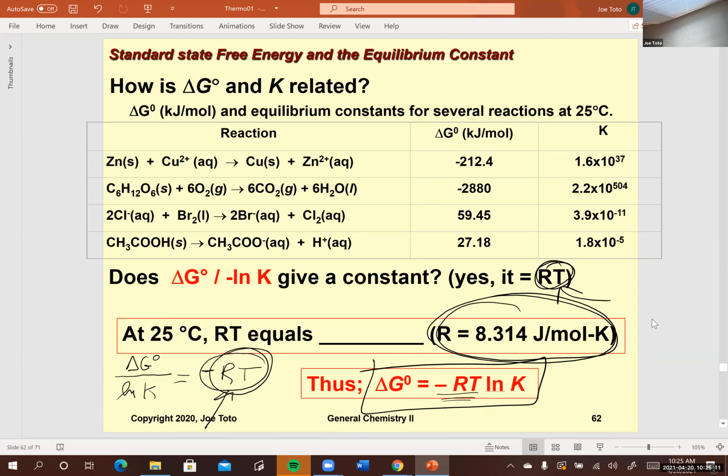And so that becomes the proportionality constant that makes this equation true. So if you take your calculator and multiply R, 8.314, by T, which is 298, you get 2.48 kilojoules.